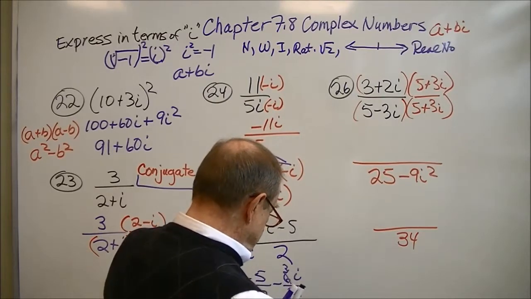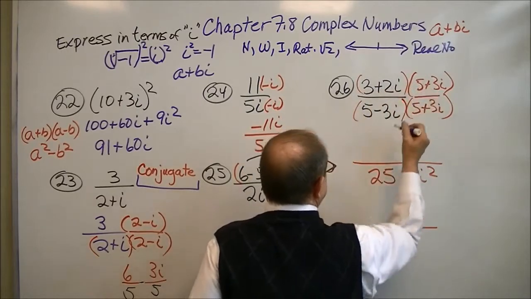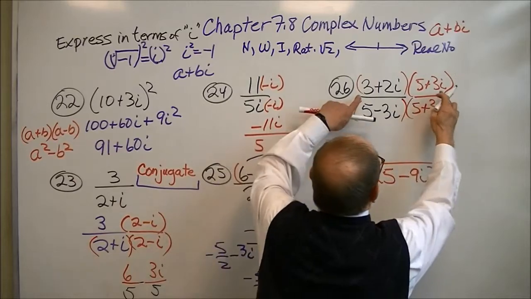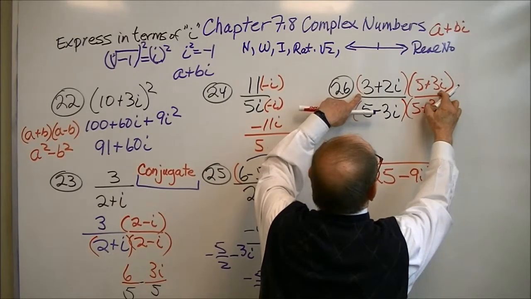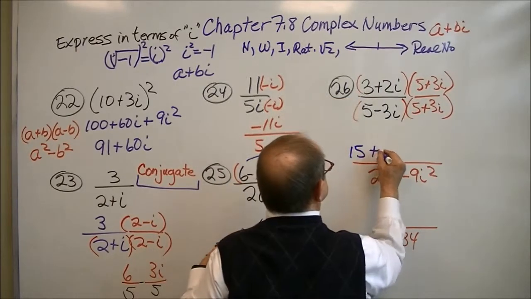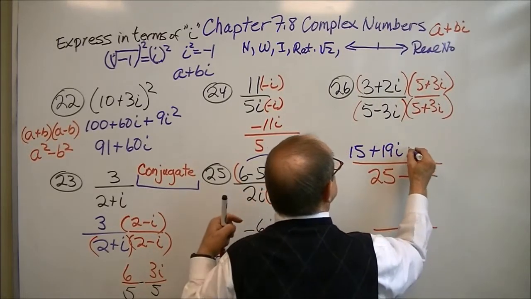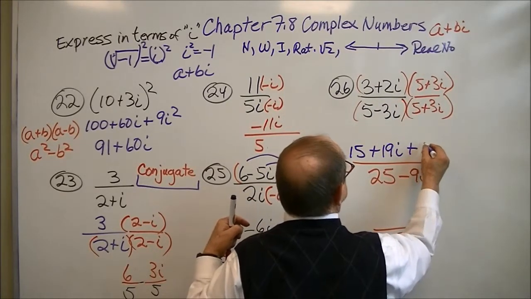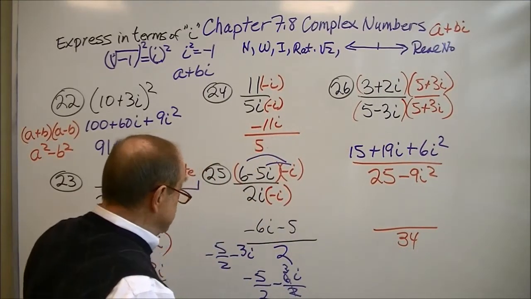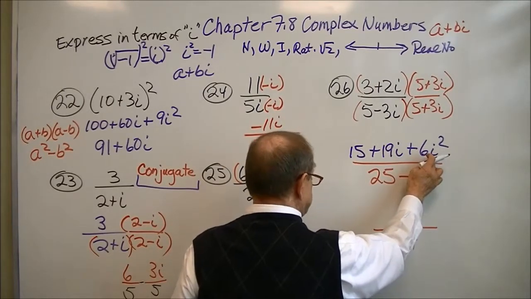Now as we FOIL the top here, 3 times 5 is 15. Let's see, our outers are a 9 and a 10. So this looks like a 19i. And our last term is a positive 6i squared. But we know that i squared is a negative 1, so this becomes a negative 6.